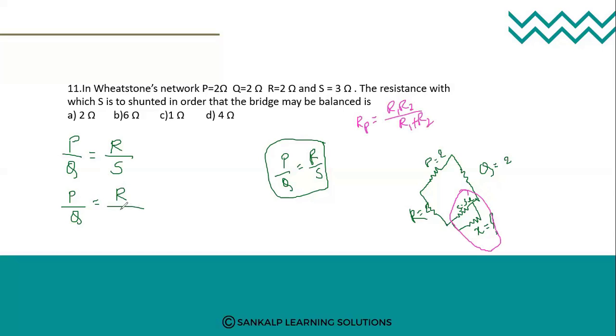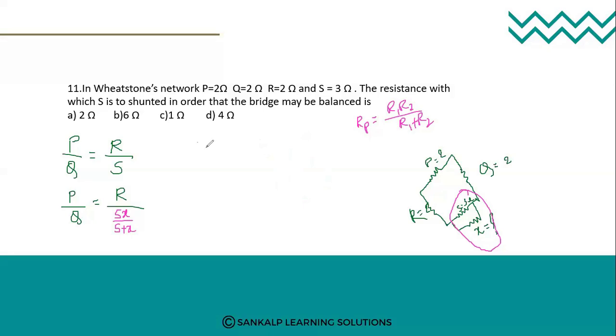So here R1 is S, R2 is X, divided by R1 plus R2, that is S plus X. Now we can substitute all the values, because we know P, Q, R and S. Let us calculate the value of X.